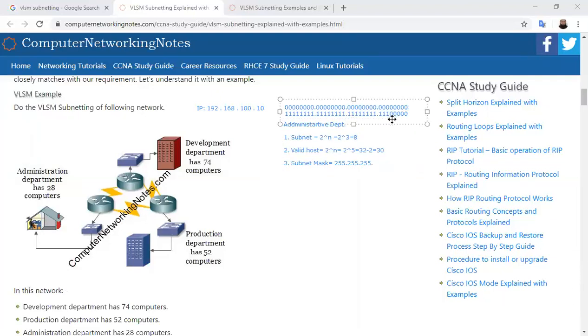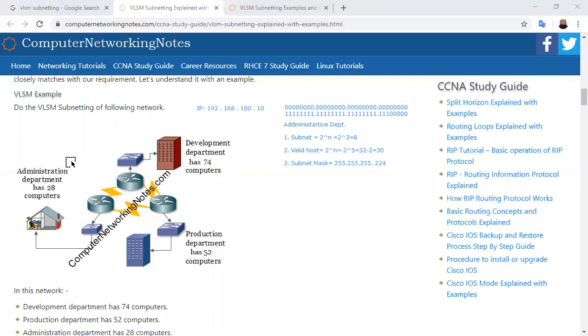This is the host part in a C class IP address. So we convert this binary number to decimal, and it will be 224. This is our subnet mask, this is the valid host, and this is the subnet address. That's all for the administrative department.